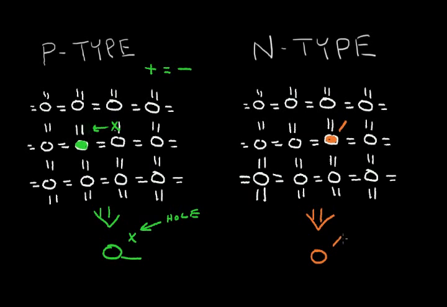So let me erase this. Now I want to take the p-type region and place it together with an n-type region. So let's say that this is the p-type region. And I'm going to use my symbol.